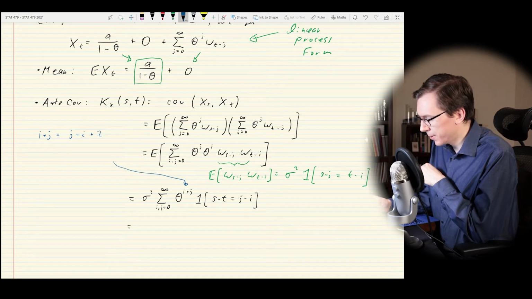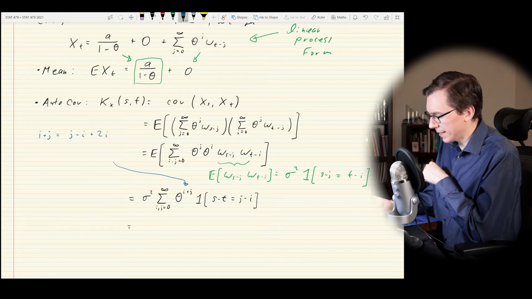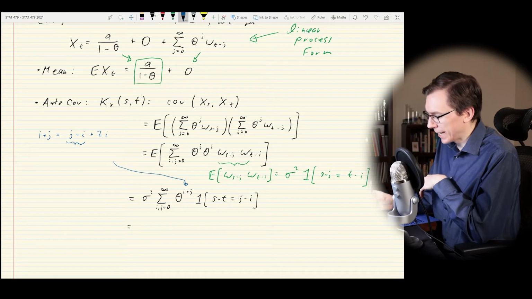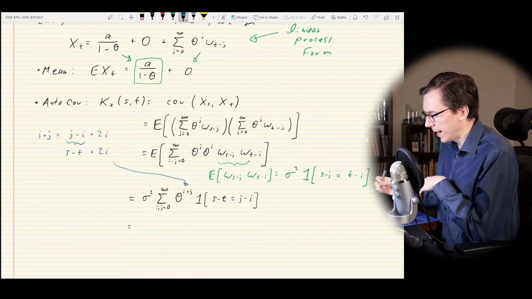Let's say 2i, something like that. Mainly because I want to take this and replace it. I think I did this slightly backwards than how I did it in my notes, but that's okay. I can replace this with s minus t plus 2i.